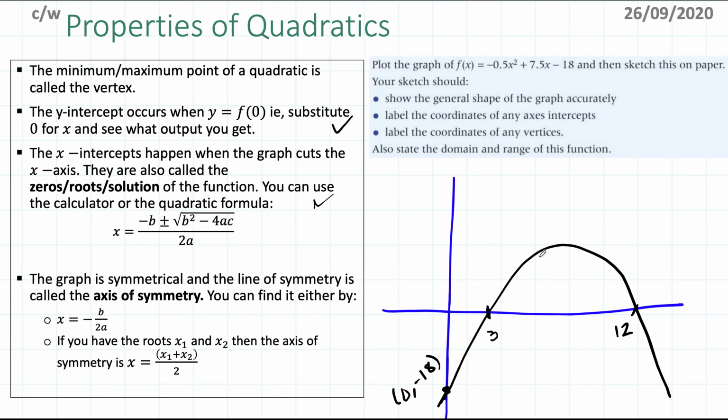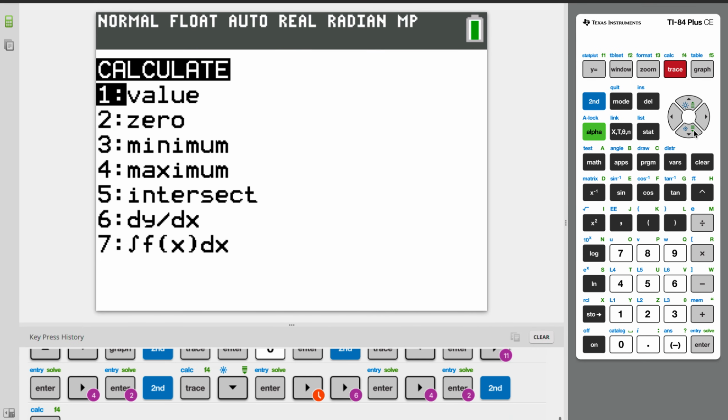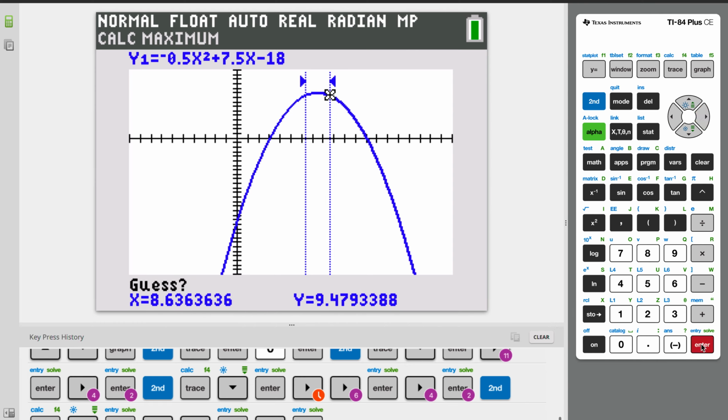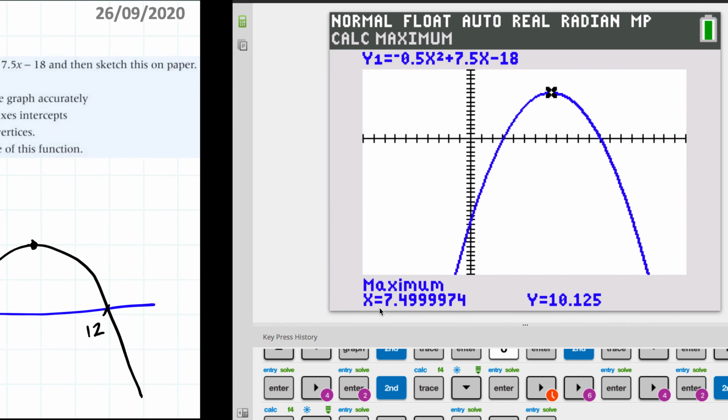We need the max. In this case, we have a maximum point, so we need the vertex. Again, we're going to go to second, calculate, and go to maximum value. Again, we're going to take the left side of our point, so this is the left of it, and this is the right of it. It doesn't matter how far you go, as long as you're close to it. Press enter, and you're going to get about 7.5 for the x and 10.125 for the y.